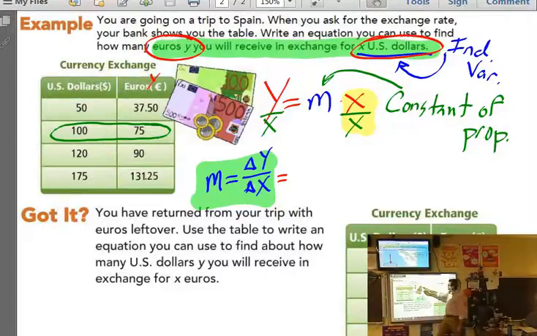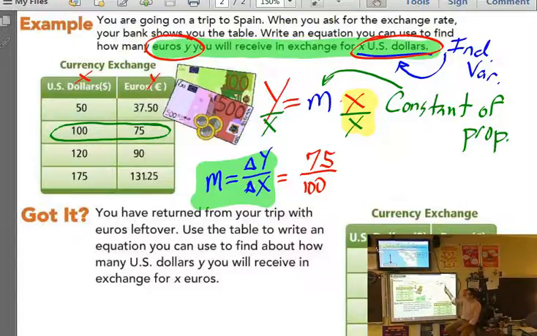My dollars are my x values, so this column is my x's. I need my y over my x. So you do 37.50 over your 50, or I don't really like decimal values that much. So I would actually grab this one. I do my 75 over my 100, because it's the y value, your dependent, divided by your independent.